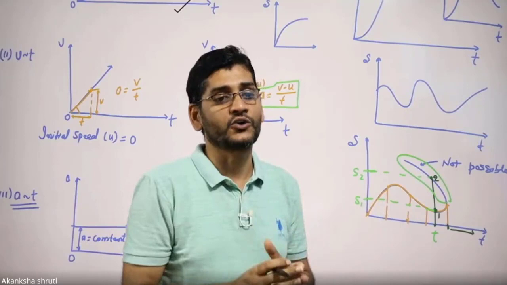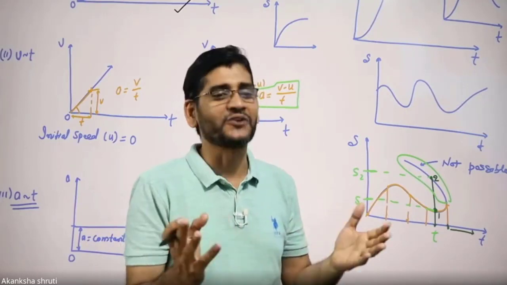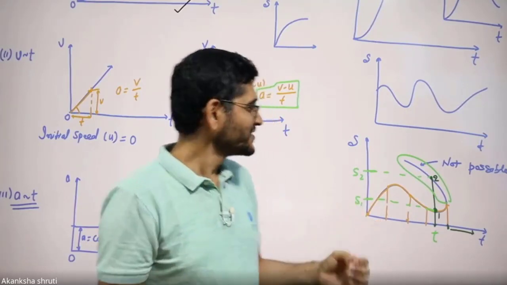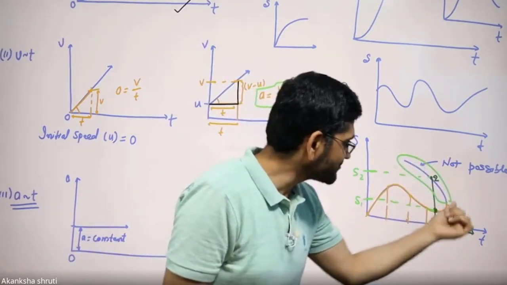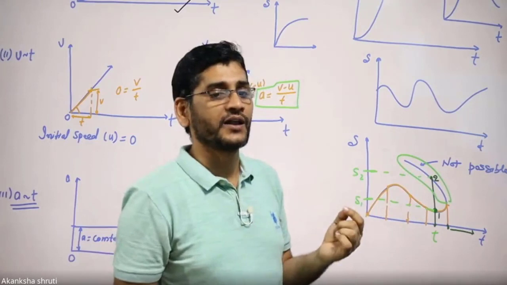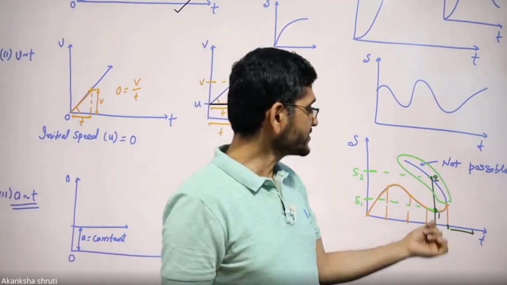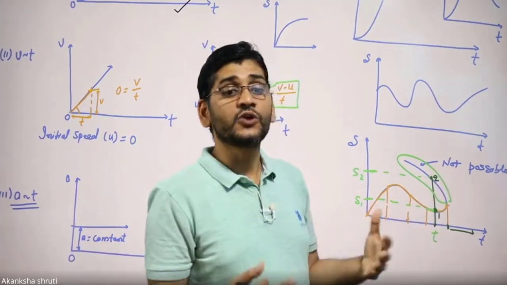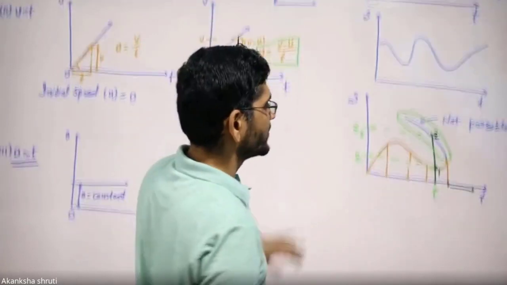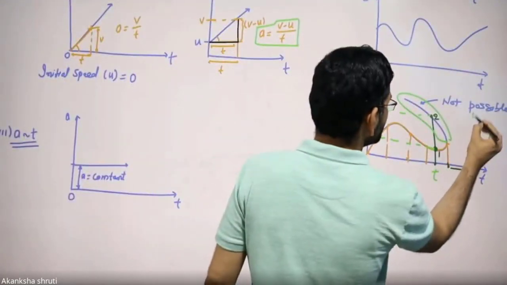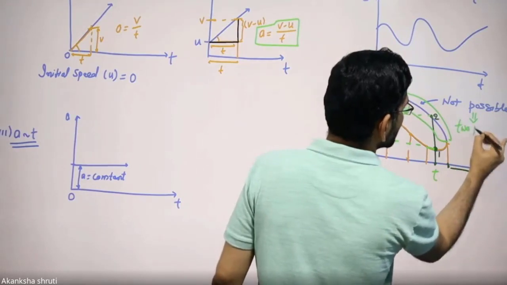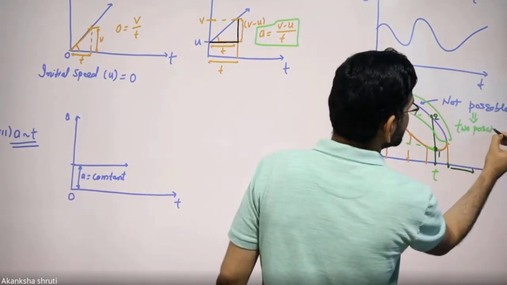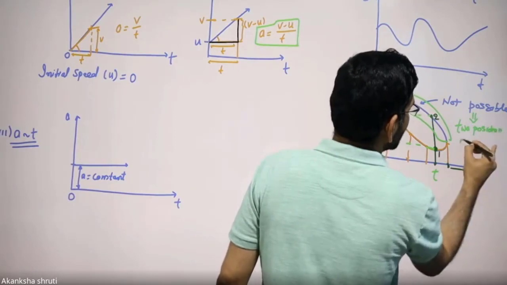No. Matter or a person cannot occupy two places. Perhaps only God can. So such a graph is not possible, because two positions or two distances at the same time are not possible.